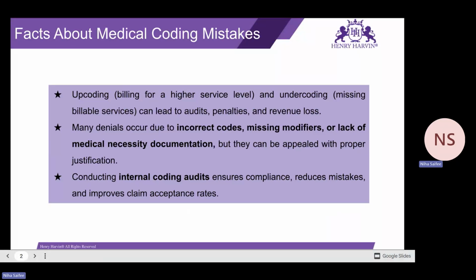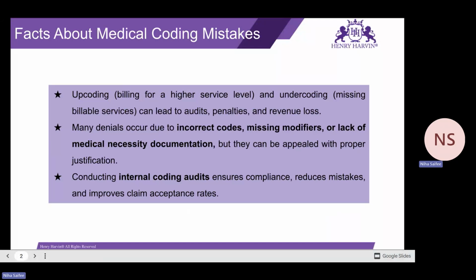We all know that medical coding is part of the revenue cycle. When you do the coding, it goes to the billing department, then they submit the claim to the insurance company, and then the provider or physician who has treated the patient gets the payment. So when any mistake happens in the coding, either you are giving too many codes or too few codes. In either scenario, there is a shift in the reimbursement.